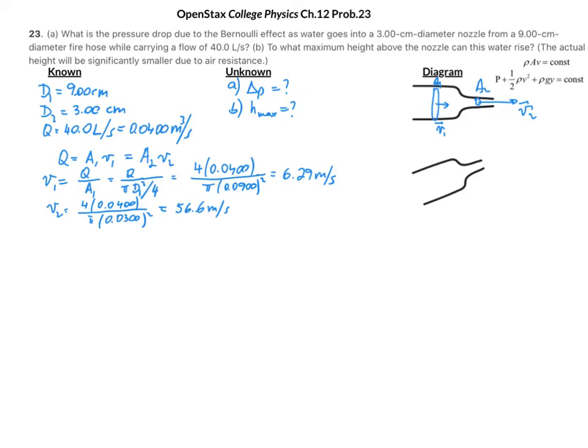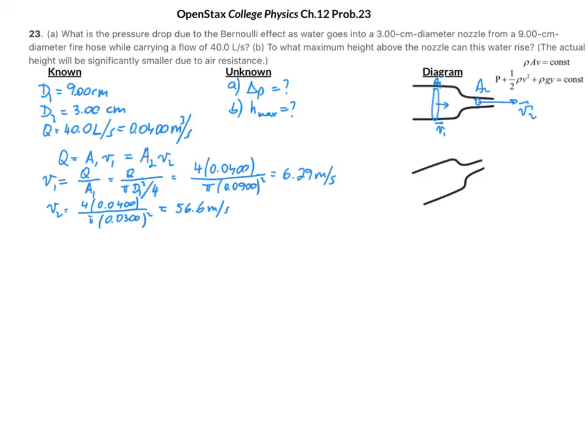Now, the problem actually asks us about the pressure drop, the pressure difference. They also hint at Bernoulli's equation, and that would be here. We know that the pressure plus 1/2 rho v squared plus rho gy is constant. So these quantities in this area are equal to these quantities in that area.